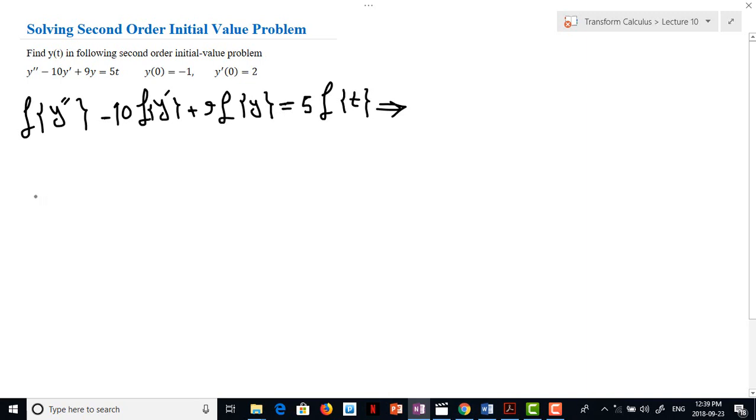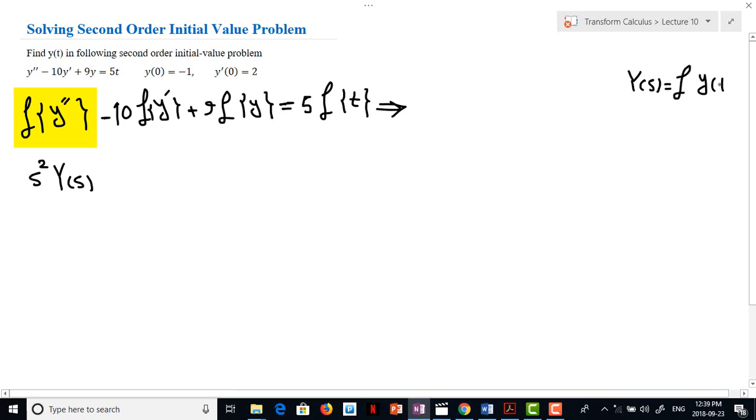As a result, Laplace transform of y double prime, based on transform of derivatives, is equal to s squared times Y(s). What's Y(s)? Y(s) is equal to Laplace transform of y(t).